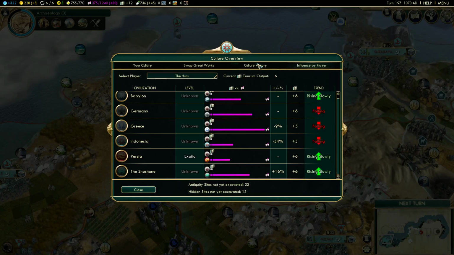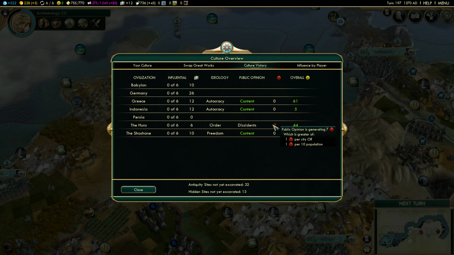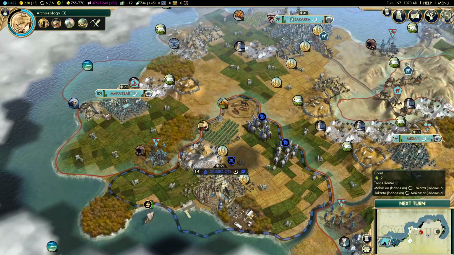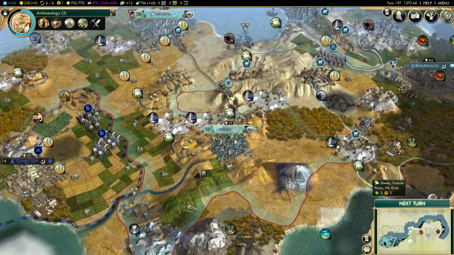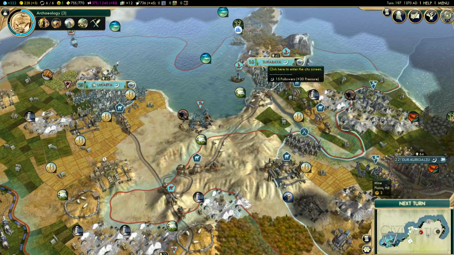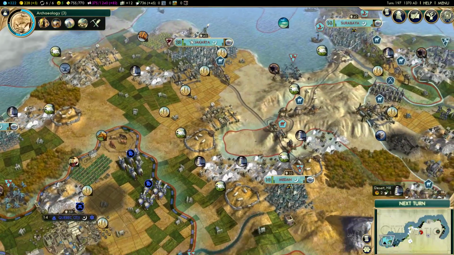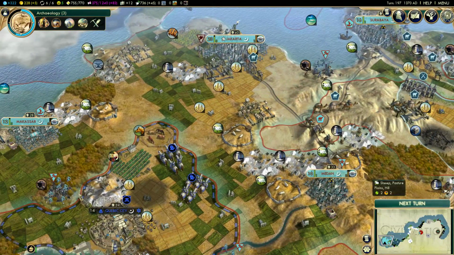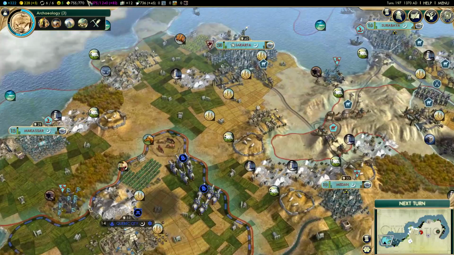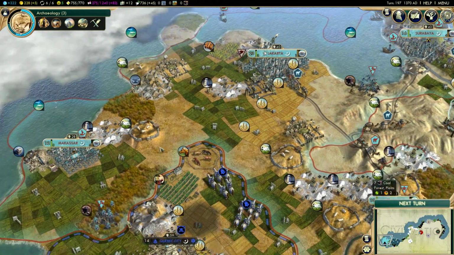As you can see here, you know ahead of time how much unhappiness will be generated. So just count it, and it's 1 per 10 pop. So let's count 35, 45, and 61, so it will be 6, maybe 7 unhappiness per excess torch.